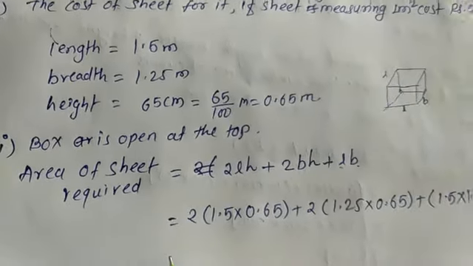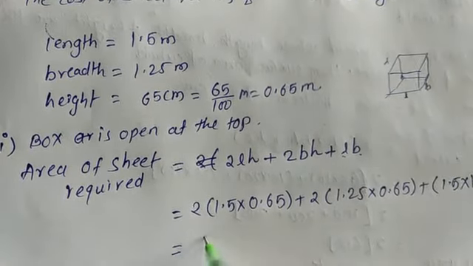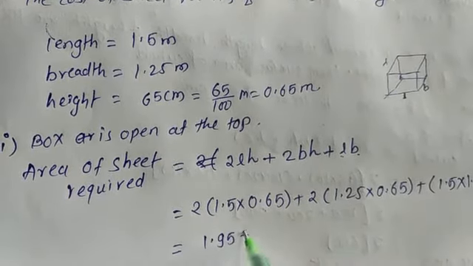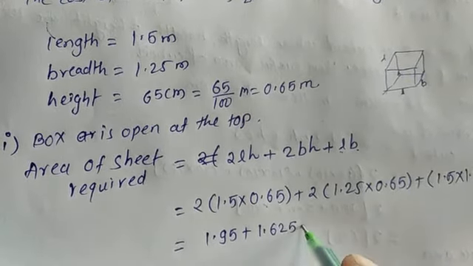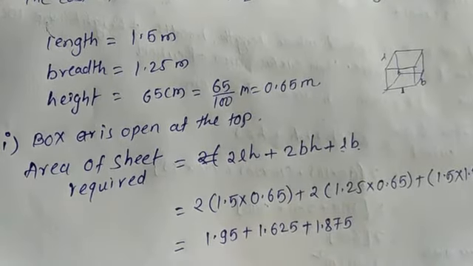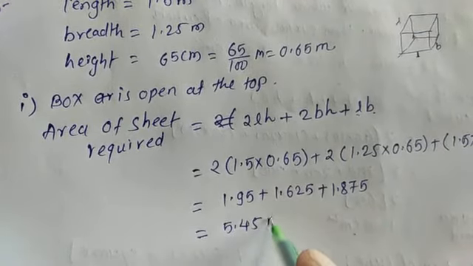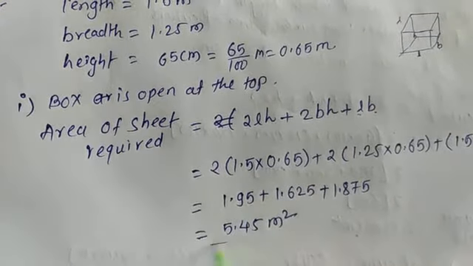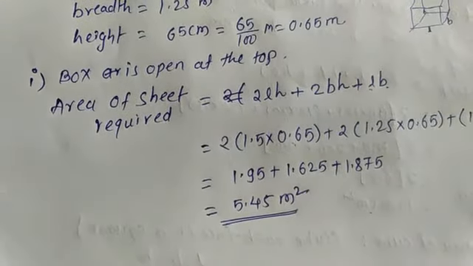After solving this we will get 1.95 plus 1.625 plus 1.875. So our total calculation is 5.45 meters square, which is our required area of sheet. This is our first answer.